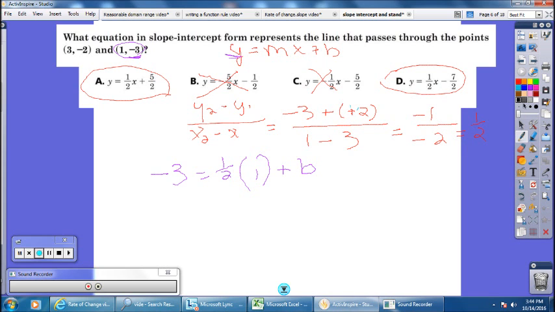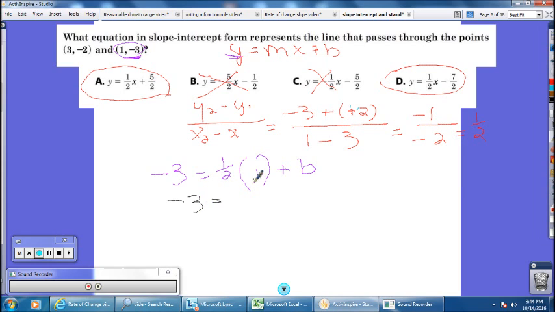That's my last step. So negative 3 is equal to 1/2 times 1 is 1/2 plus b. Subtract a half, subtract a half. Negative 3 minus 1/2 will be negative 7/2 is equal to b.